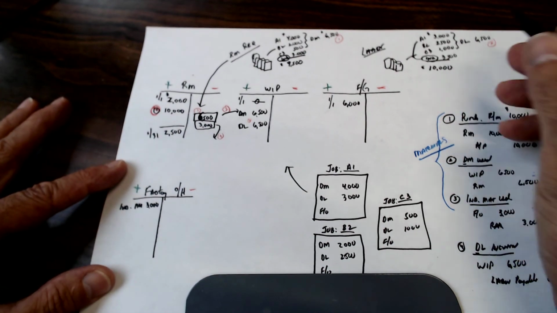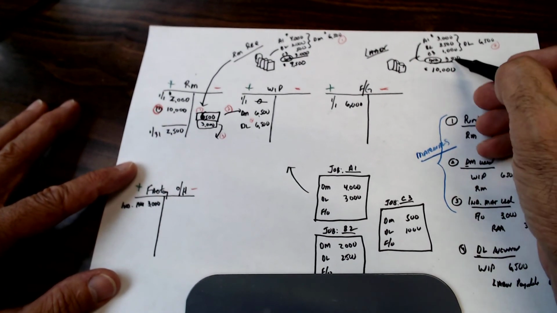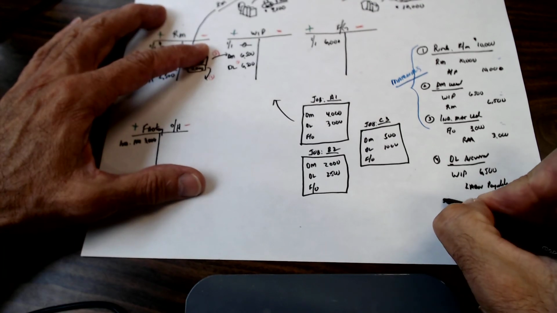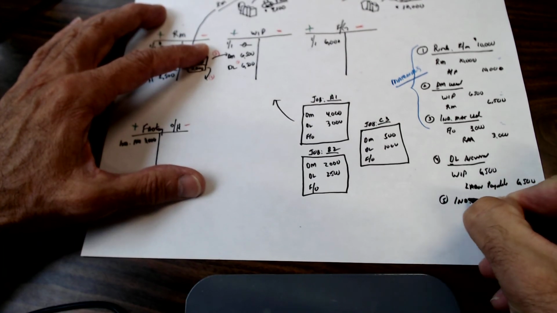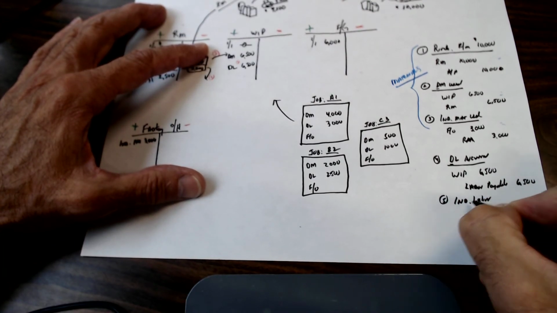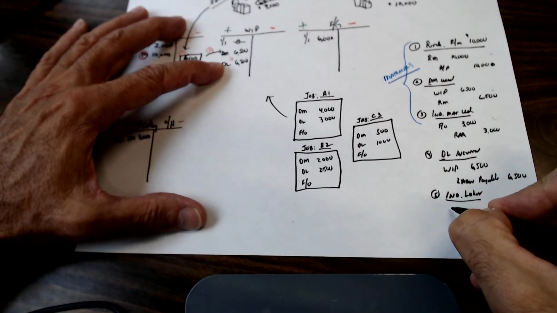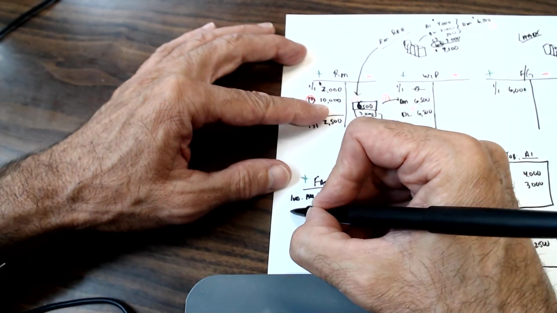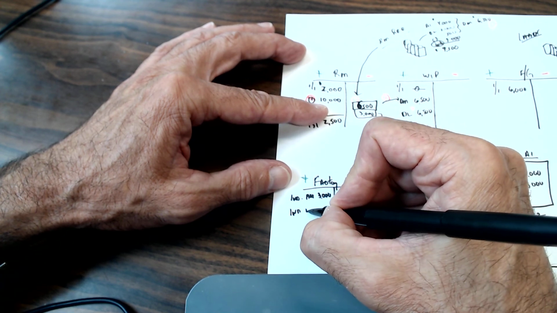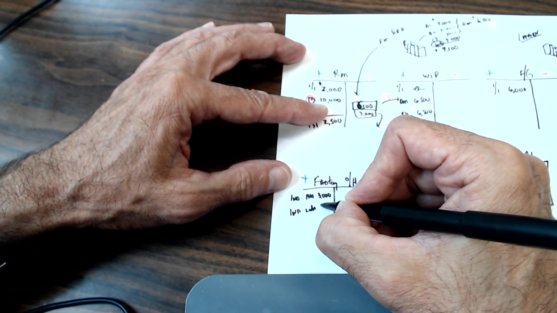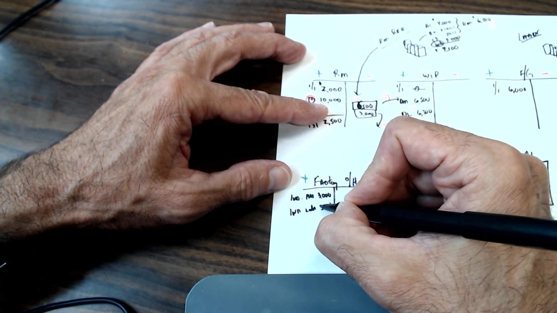What about the indirect portion? Got to pay that 3,500 as well. Well, the indirect labor looks much like indirect materials. We're just going to throw that down here into factory overhead. Indirect labor, 3,500.